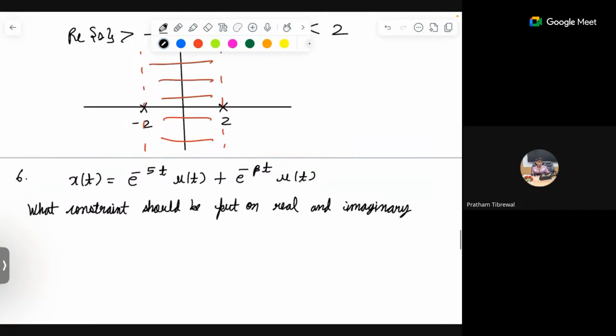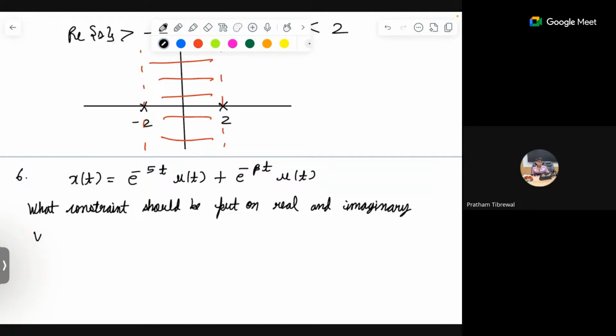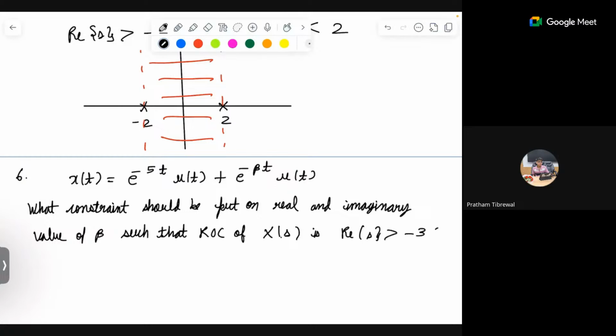What constraint should be put on real and imaginary value of beta such that ROC of X of s is real of s greater than minus 3? Just let me write the statement of this question, then we can go back to the previous question.